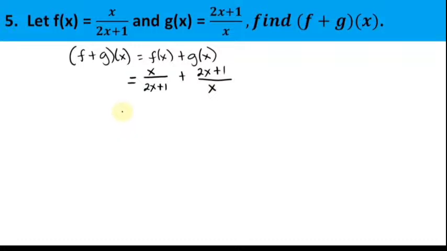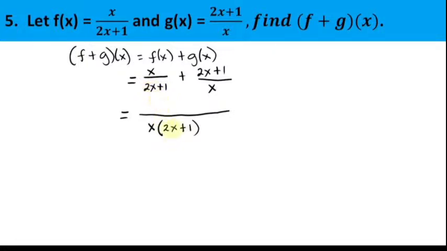So our denominator or our LCD is x times 2x plus 1. So x times 2x plus 1, divide that by 2x plus 1.